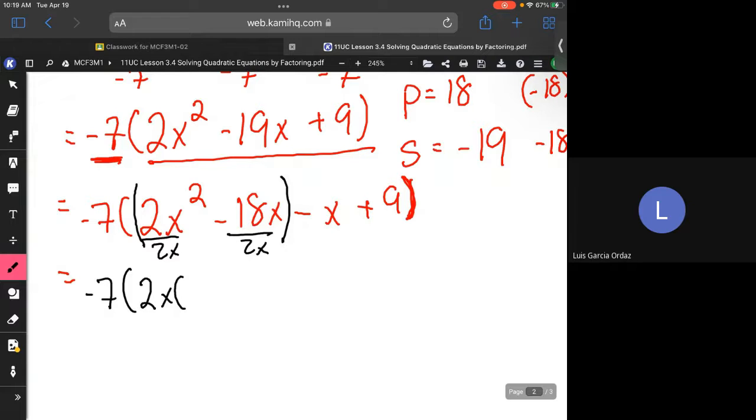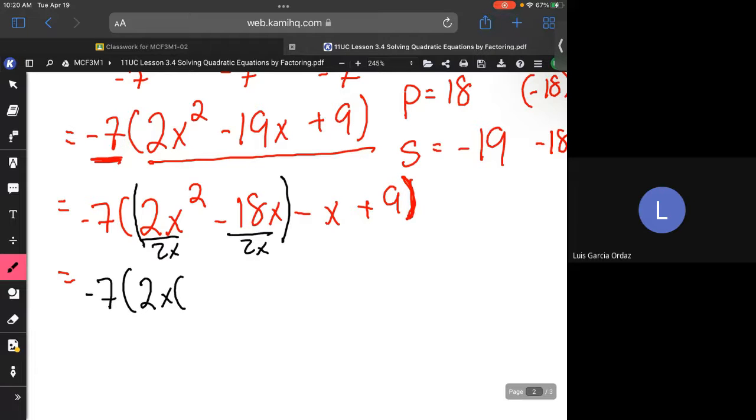I have a question. How come you didn't put in the 19? Because remember, -18x minus x is the same thing as -19x. Remember, because my x squared has a number in front of it, I have to factor that trinomial after using the grouping method. That's when the two brackets have to be the same thing.